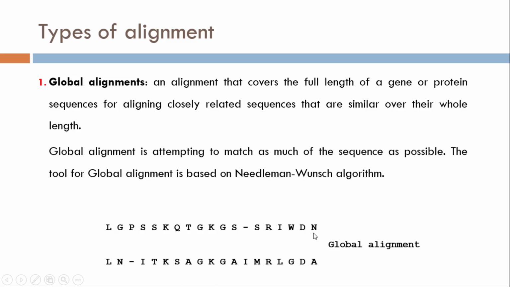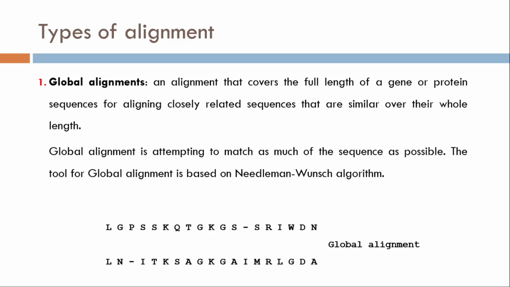Now the question is when we use the global alignment. We use it only when both the protein sequences or amino acid sequences have either exact length or almost similar length.